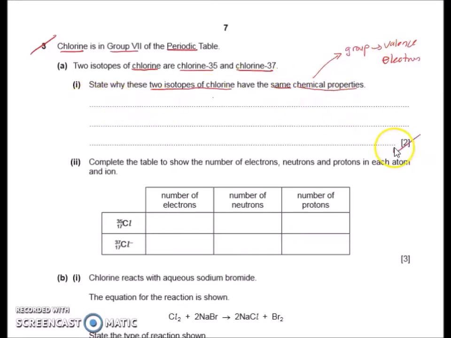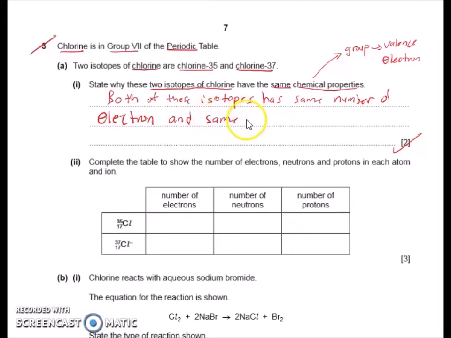Since they gave 2 marks here, you can explain that both of these isotopes have the same number of electrons and the same electron configuration.